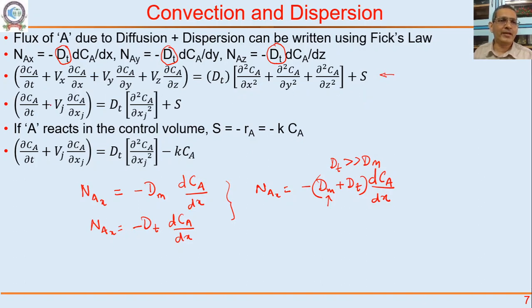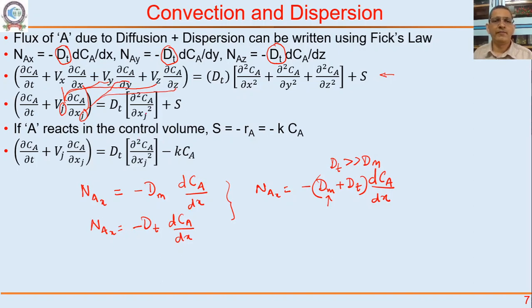I can write it in the vector form. dC_A/dt is equal to minus V_j ∂C_A/∂x_j plus D_T ∂²C_A/∂x_j². So we are writing it in vector notation. j is going to take three values: x, y, and z. And x_j is going to be x, y, or z.